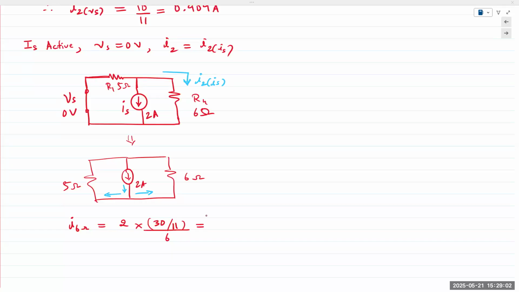It is 0.909. Wonder of wonders. 0.909. So what is my eventual I2 value?